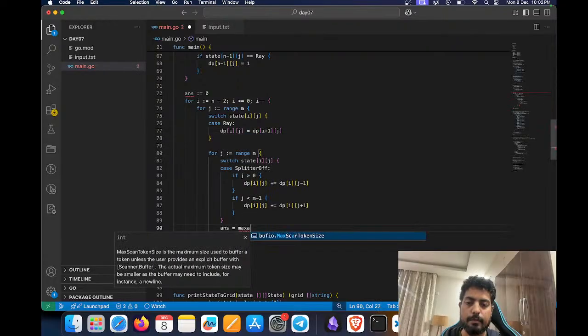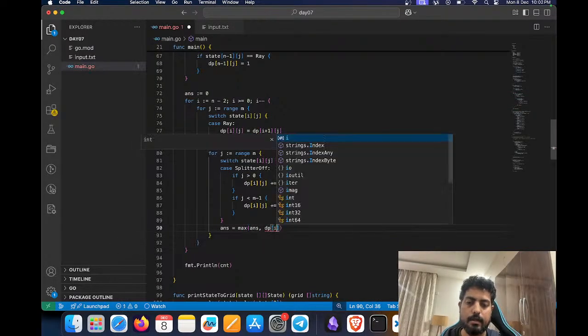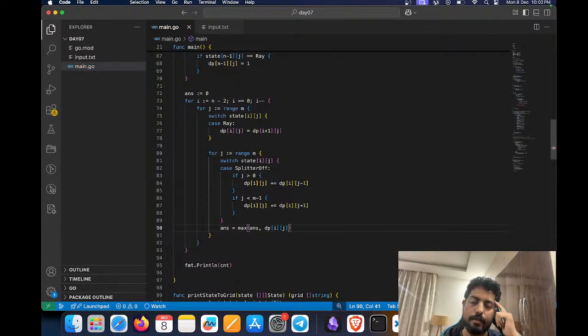And answer is equal to max of answer comma dp[i][j]. We'll just calculate the answer at this point only.